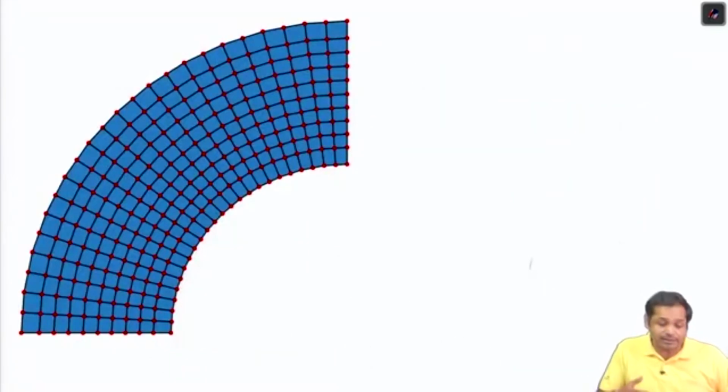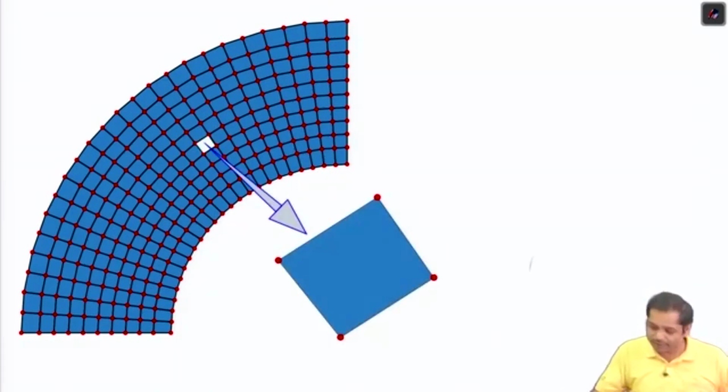Okay, for instance, just to look at it in proper perspective, suppose this is the finite element discretization of some domain, and take any arbitrary element from this entire thing. Let's take this element, and if we zoom in, this element looks like this. First of all, the orientation is different. This is not a problem, but it is not a rectangle.